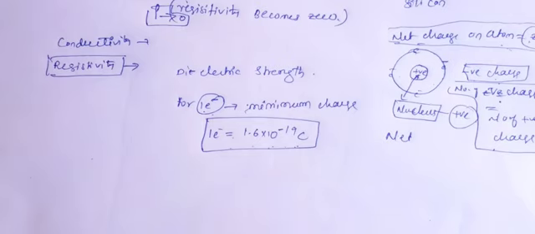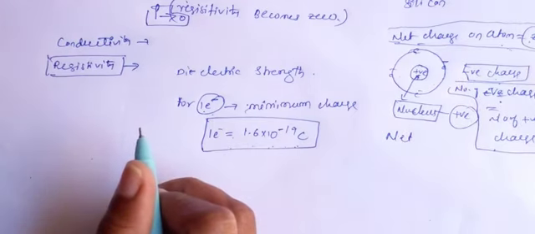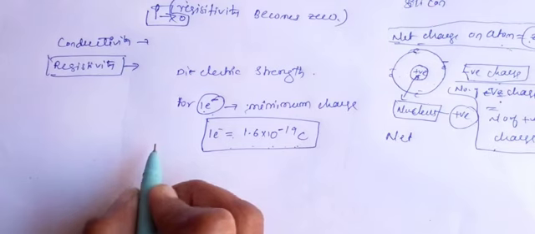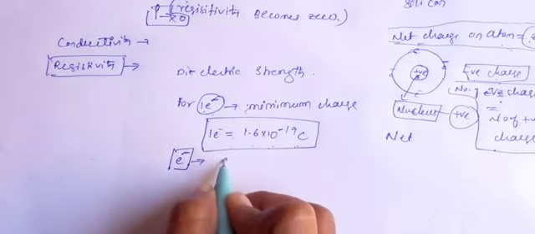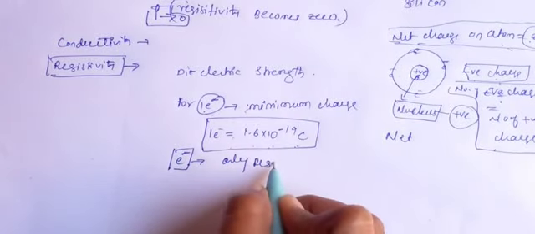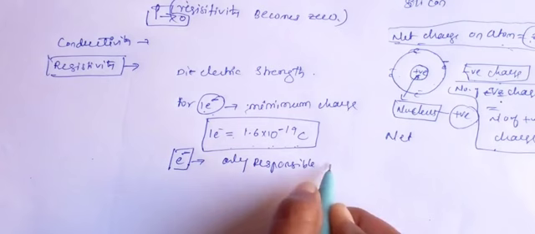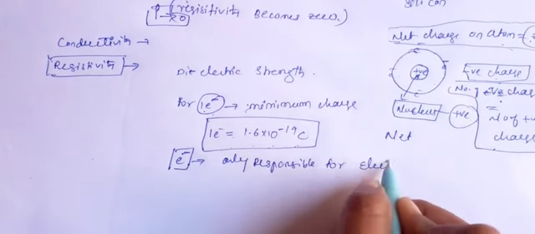In the nucleus we have so many particles, positron, electron, neutron or anything. The charge which is carried by the particle is considered to be an electron, but the proton or other particles also exist, but the charge can be transferred by the electron. So the charge which is carried by the electron is only responsible for electrification.